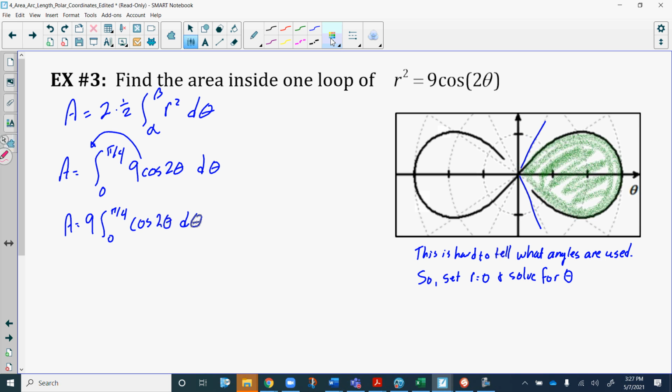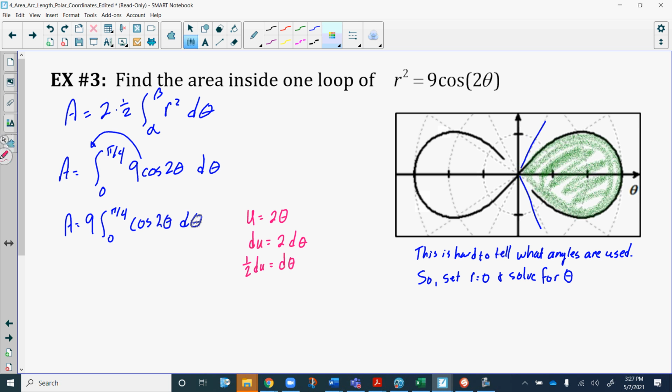So u is going to be 2 theta, so du is going to be 2 d theta. That'll give me a constant of 1/2 du being equal to the 1 d theta that I have in my integral. So I do need to introduce a constant of 1/2.